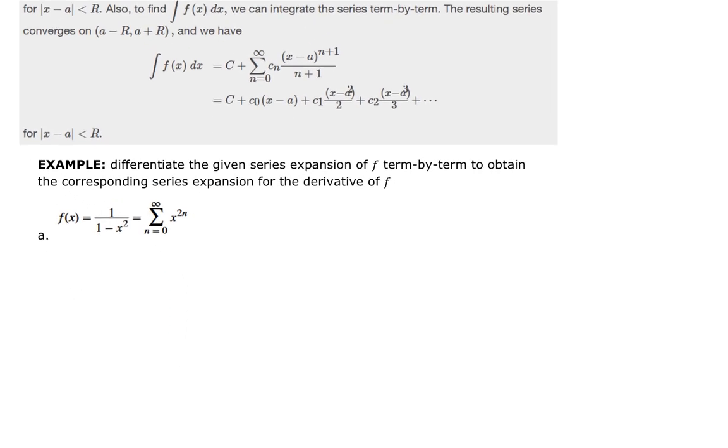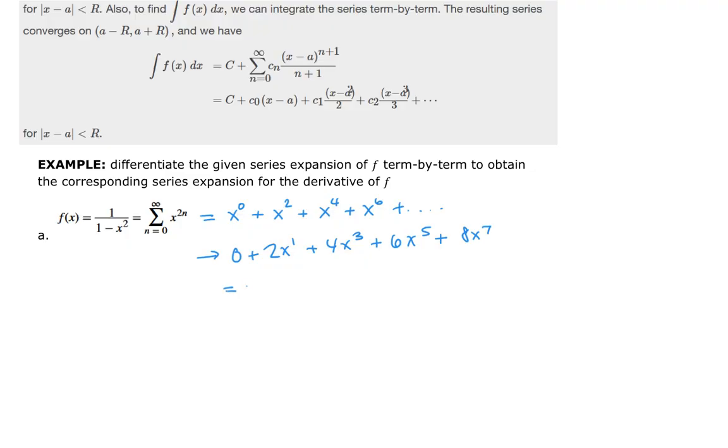So what I would do is I would write this as x to the 0 plus x to the 2 plus x to the 4 plus x to the 6, and etc. If I differentiate that, then x to the 0 is 1, so that's going to give me 0, plus 2x to the 1, plus 4x to the 3rd, plus 6x to the 5th. The next one would be 8x to the 7th.